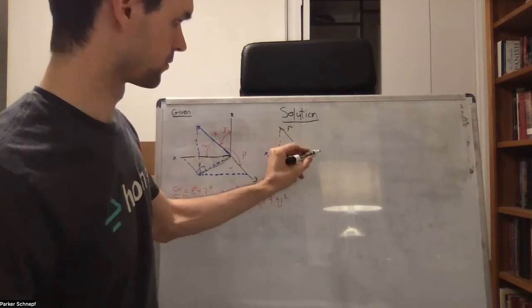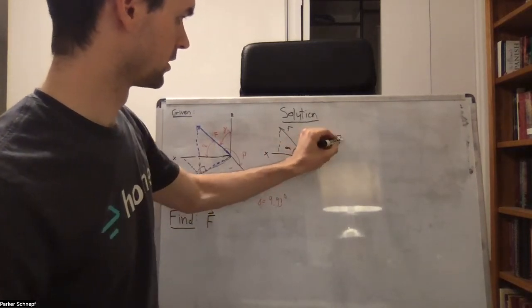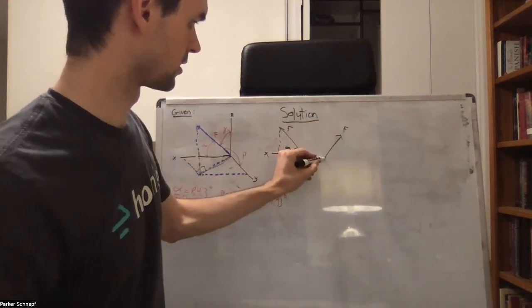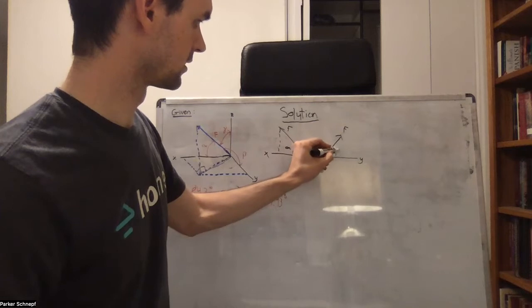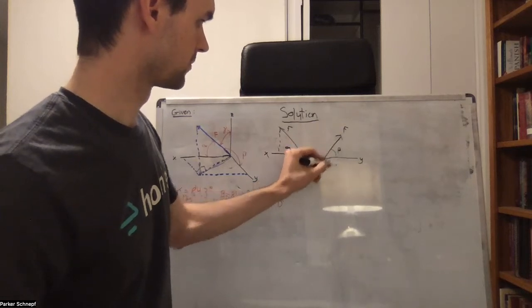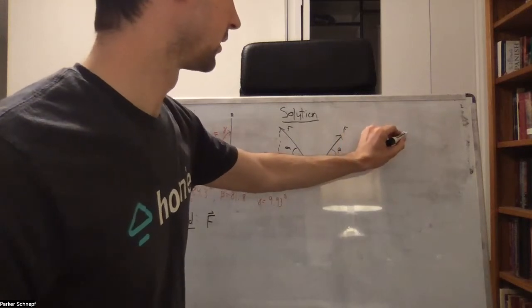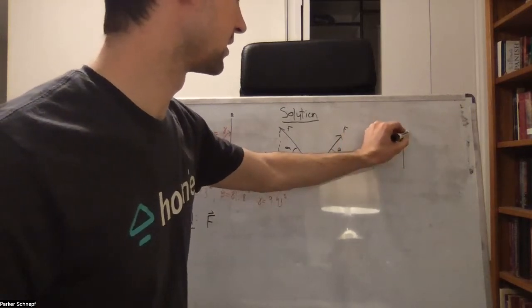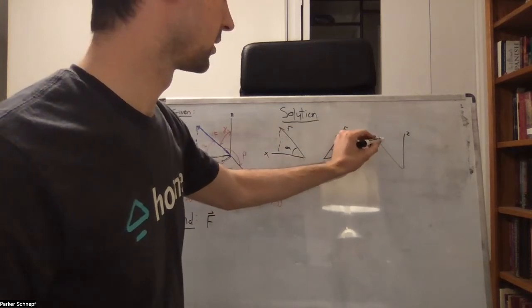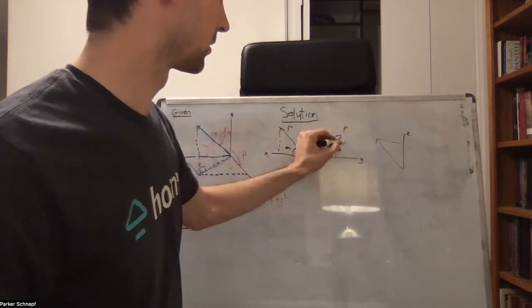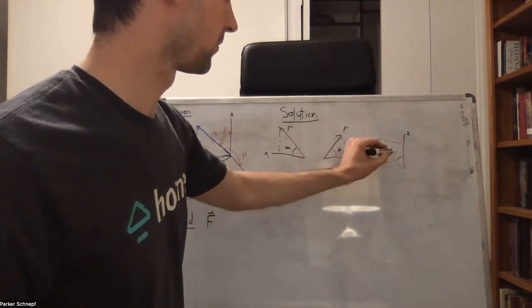And similarly for the y, I could come up with something like this. Here's my f vector, this is my y-axis, and this is the beta angle. And same thing for the z. This is my z-axis, that's my f vector, and this is gamma.